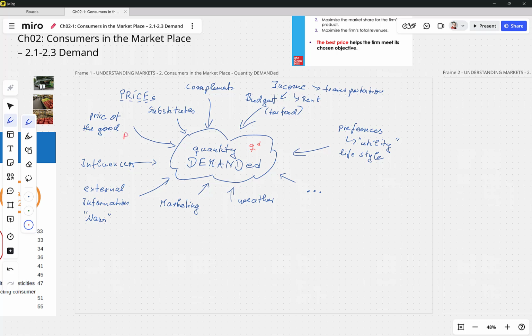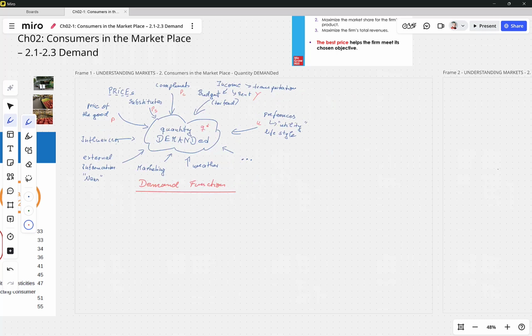Then this is influenced by the prices: the price of that good, prices of substitutes, prices of complements, and so on. It's also influenced by your income or your budget that we typically abbreviate with a Y. The utility is abbreviated by U. And for the others, we don't necessarily use abbreviations, but the arguments that we brought forward here are something that we call a demand function.